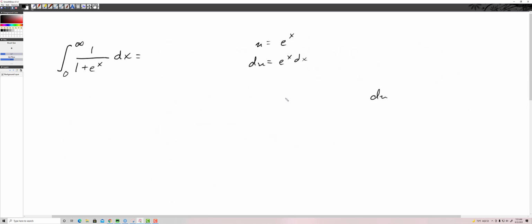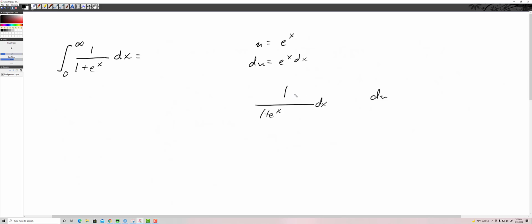Right, so what that gives me here, I'm just going to write out here's what I have. Okay, I need to pull the du out. So I'm going to switch my variables up here, and I need to have an e to the minus x out here.